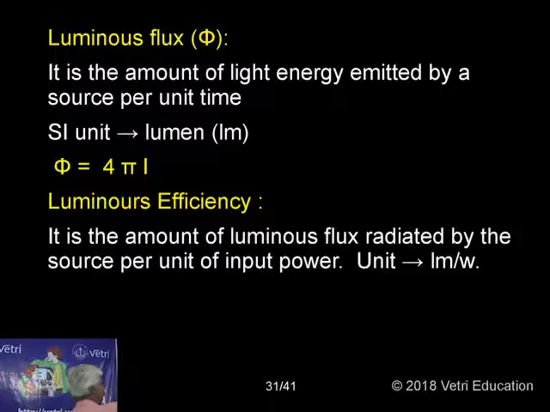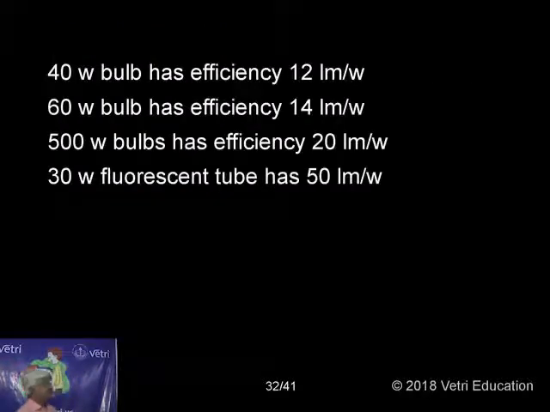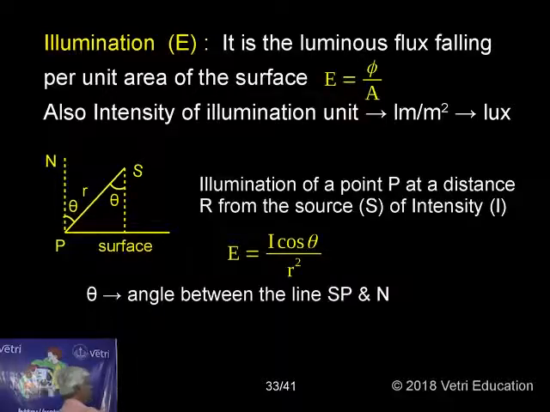The efficiency is 12 lumen per watt. A 60 watt bulb has efficiency 14 lumen per watt. A 500 watt bulb has efficiency 20 lumen per watt. A 30 watt fluorescent tube light has 50 lumen per watt. That is how much energy from the source is emitted per unit power. This is an example.